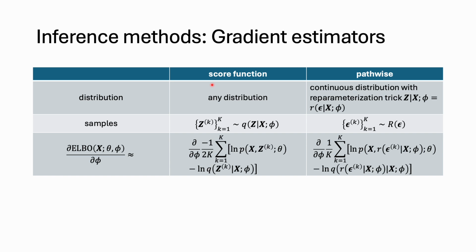Notice that the pathwise gradient estimator only works with continuous distributions and must have a reparameterization trick. And remember that the latent variable Z represents discrete spike counts from a Poisson distribution. So we cannot use the pathwise gradient estimator, but can only use the score function without any modification.